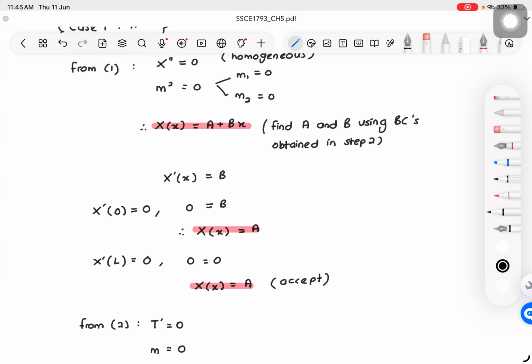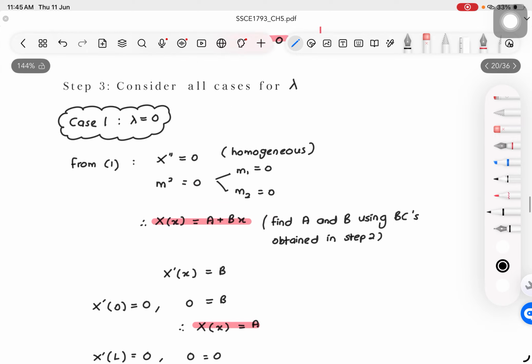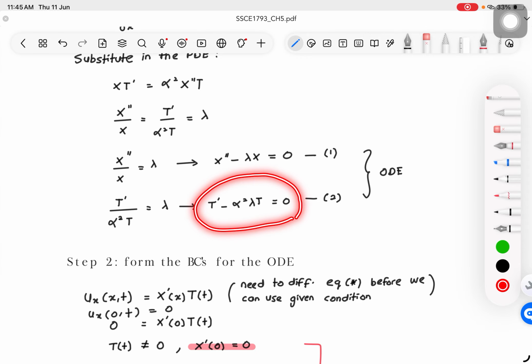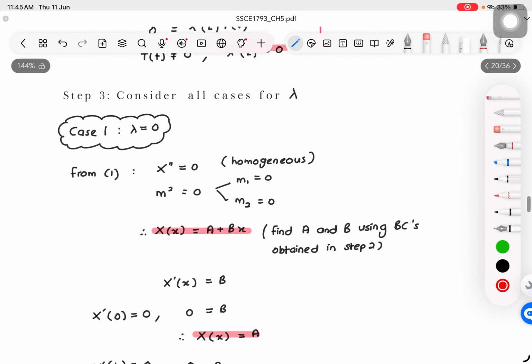If we accept the general solution, we need to proceed to the next step, which is to find your equation of t. How to find the equation of t? You need to use the equation of t here: t prime minus alpha squared lambda t is equal to 0.